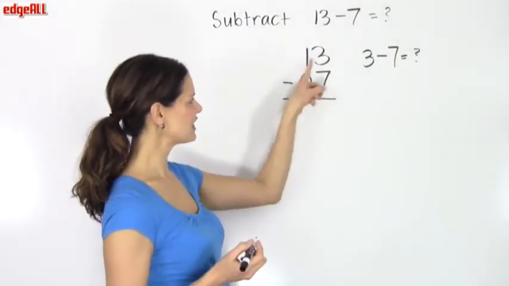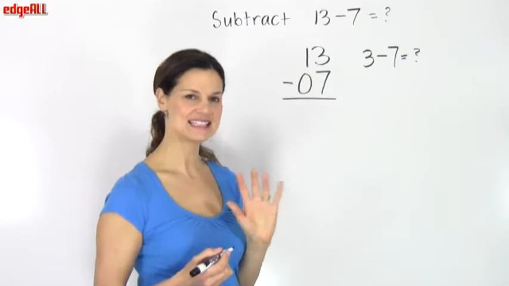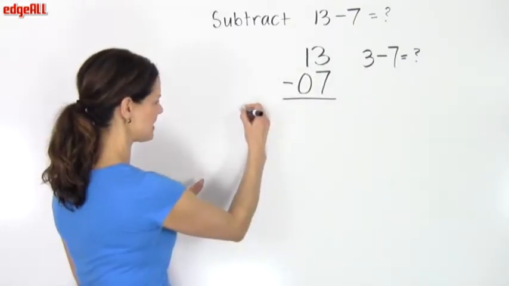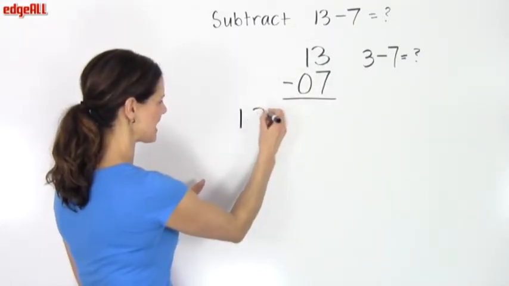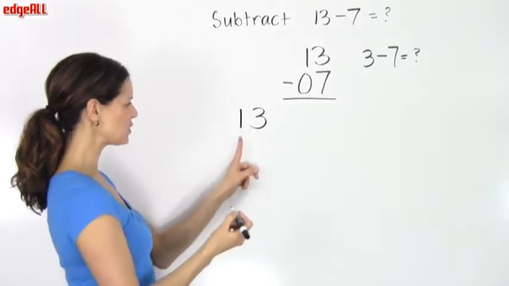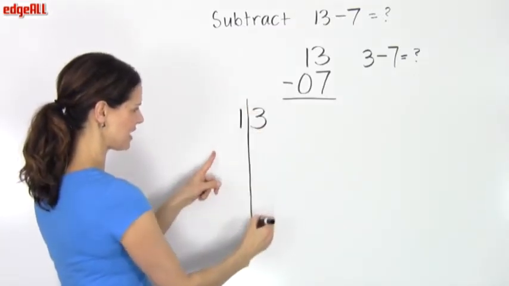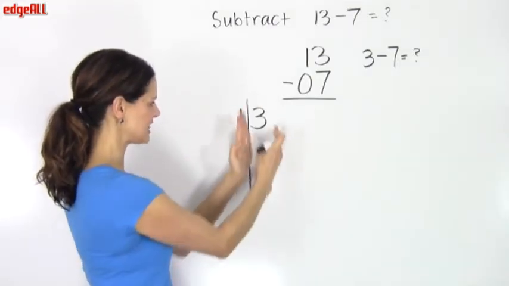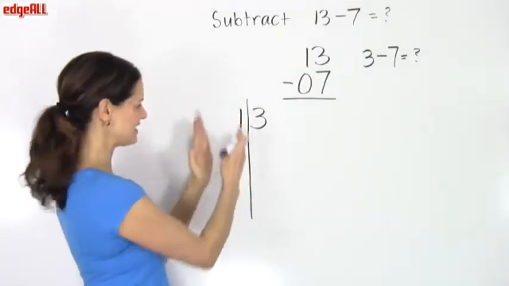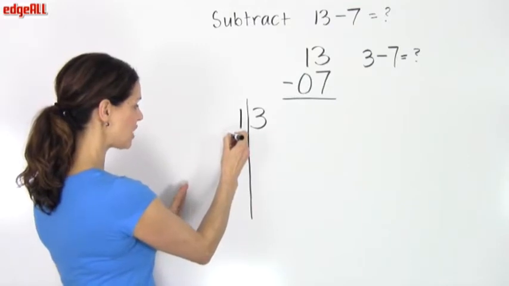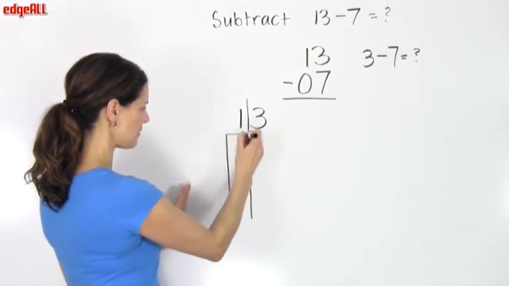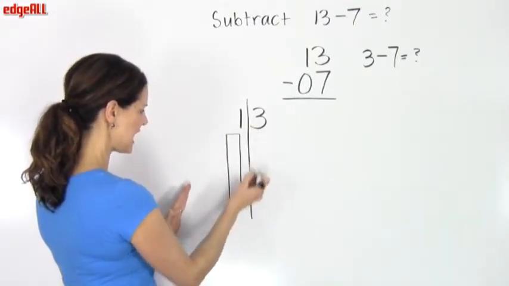So let's look at our 13. Instead of just having it be the number 13, we're going to break it up a little bit. I'm going to draw a little line between my 1 and my 3, representing that this is my tens column and this is my ones column. In my tens column, I have 1 ten.